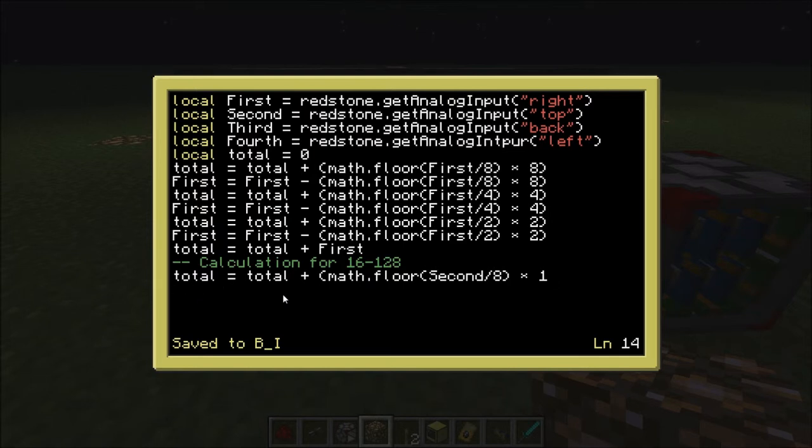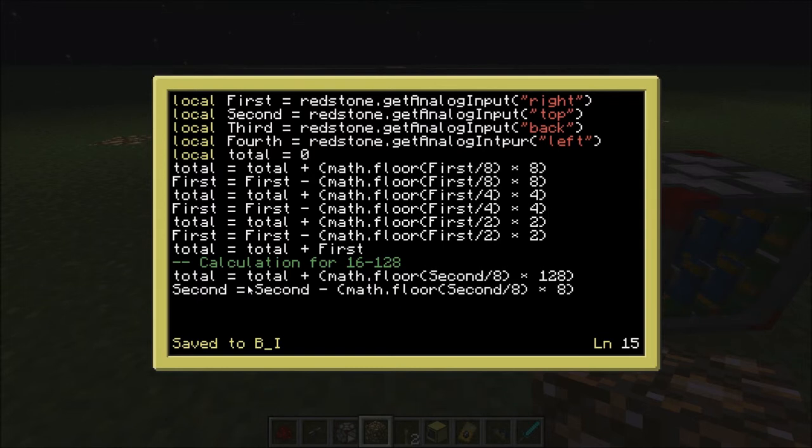Okay, second equals second minus math.floor second divided by 8. So we're rounding down the division of second by 8. Once again, what we're editing here is not the total, we're editing second, the running total of second, so we times it by 8.